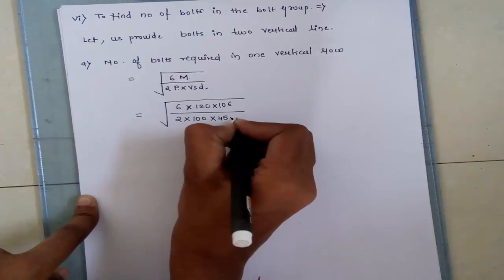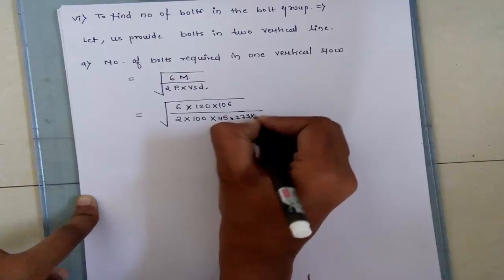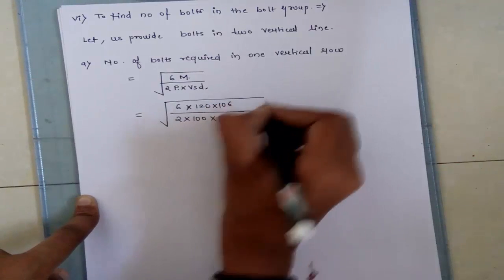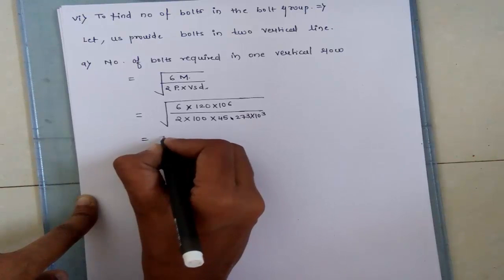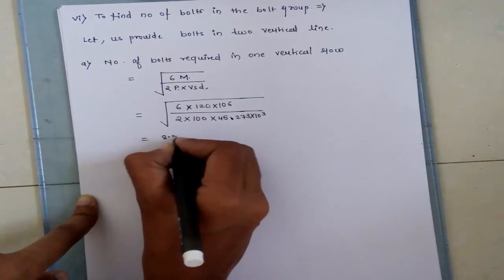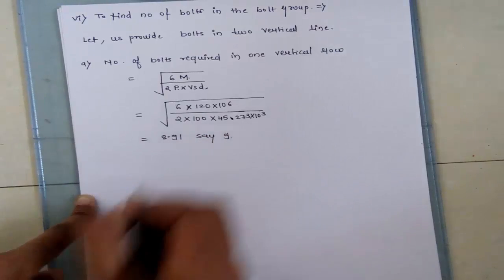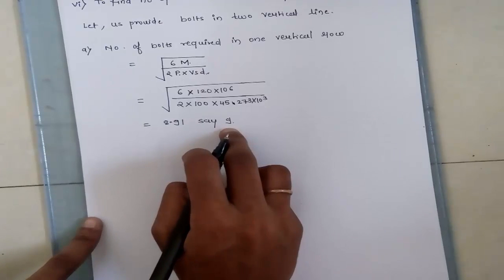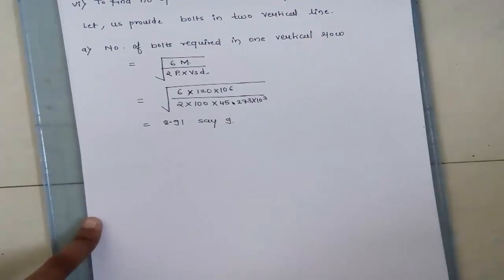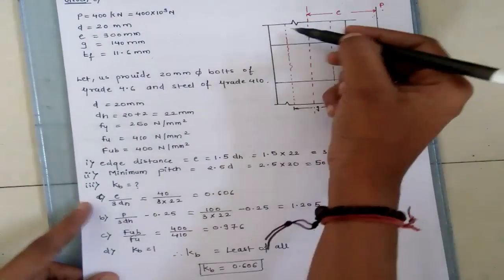VSD is 45.273 into 10 to the power 3. After calculating we get the number of bolts, that is 8.91. Say it as 9. This is the number of bolts in one vertical row. So we have two vertical rows, as you can see here in this diagram.